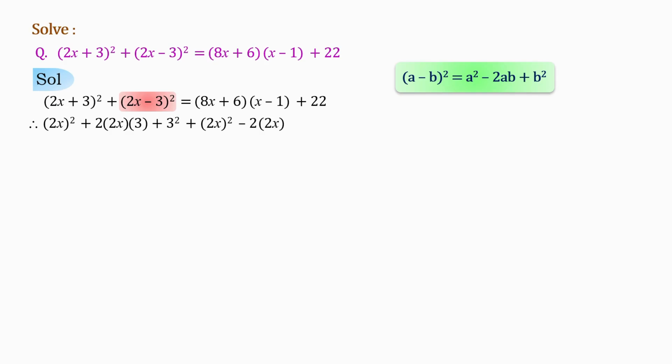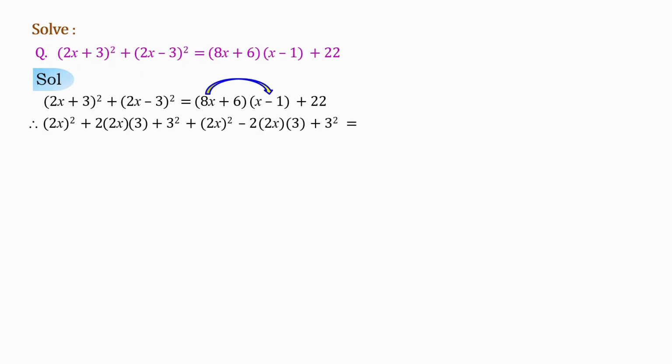Same goes for (2x minus 3) whole square, that is (a minus b) whole square equal to a square minus 2ab plus b square identity, where a equal to 2x and b equal to 3, and we are going to apply that. Now 8x first we are going to multiply with (x minus 1), and then 6 should be multiplied with (x minus 1).